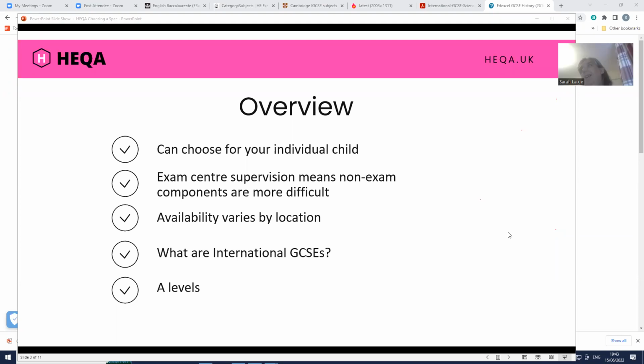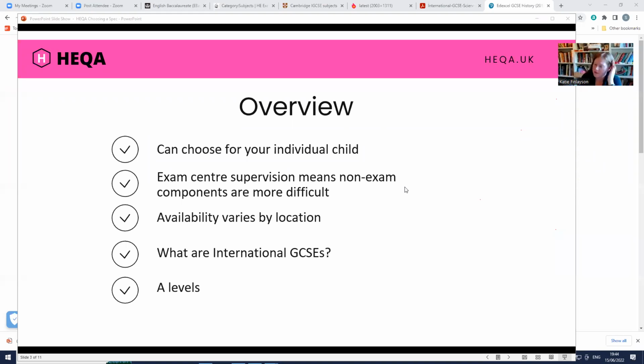It's the Edexcel that is the new aspect. Cambridge International A levels have been around for a long time, and they're very similar. I don't think anyone's particularly into A levels, so we won't go into the details on that too much now.